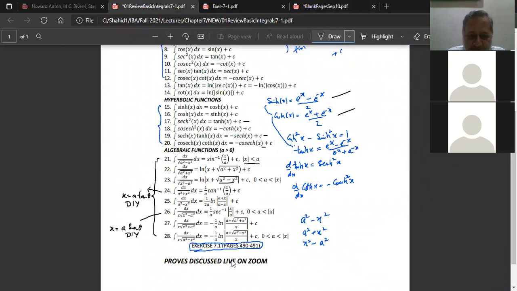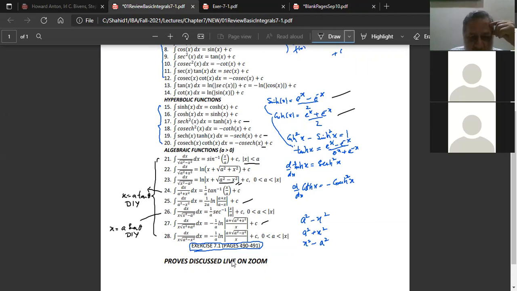Whatever error is there, I'll recheck. I remember taking the formula from the book, but the structure says that the result should have x square minus a square, not a square minus x square.